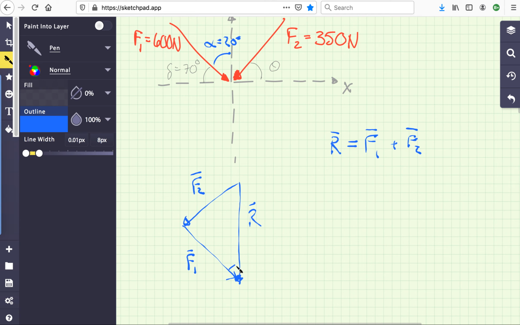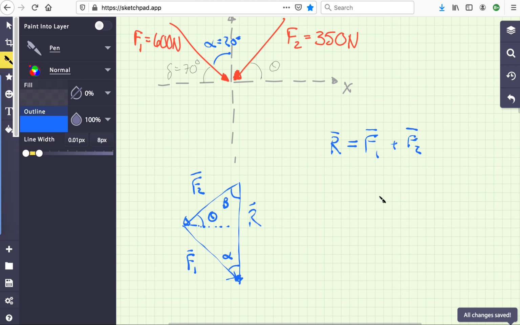So what we want to do here is we know alpha is equal to 20 degrees in this case. We want to eventually find this theta. Can't do that directly yet, but what we can do is find this, and we're going to call this angle beta.